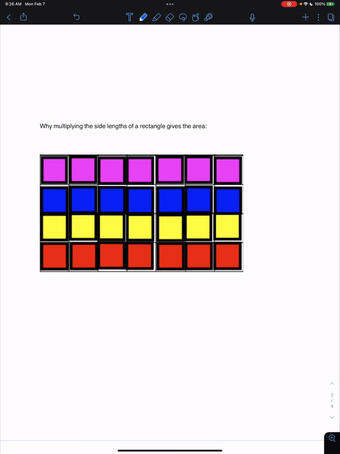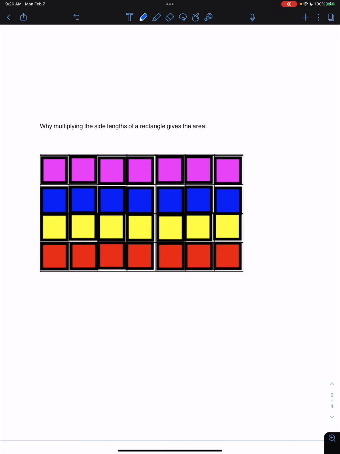In this video, I want to dive a little deeper into the meaning of the formula for finding area of a rectangle and ask the question, why does multiplying the side lengths of a rectangle give us the area?